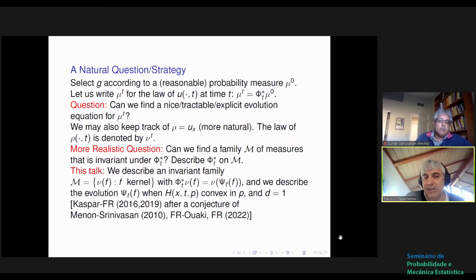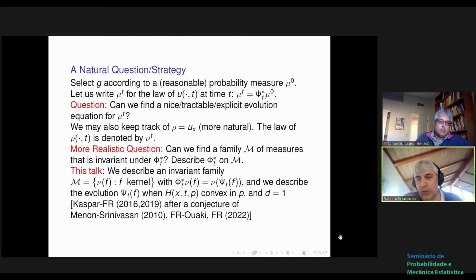And this family is invariant under the dynamics of the Hamilton-Jacobi equation or the corresponding conservation law, meaning that as you apply the dual operator on a choice in this family, mu f, then at a later time you will still have a measure of the same form, except that the kernel has evolved.